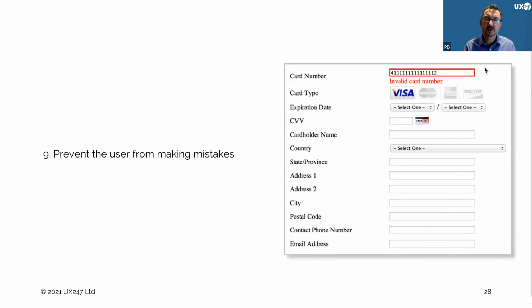But there are lots of things we can do. On this form, the CVV number box is the size that's relevant to the task. Quite often we see massive boxes for tiny information and vice versa. There are lots of different ways we can think about how a user might make a mistake. So try and put yourself in their shoes and test your designs for, okay, how would they go wrong here? And how can we stop that happening?